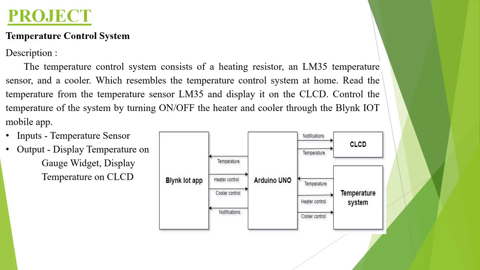We are showing the temperature of the room on the CLCD, and knowing the status of the heater and the cooler, we decide whether to turn on or off, controlling all of this using the Blynk IoT application. Here the input is the temperature sensor and the output is the temperature display on the CLCD.